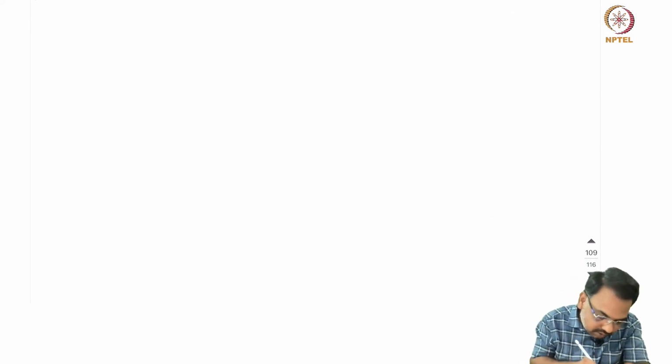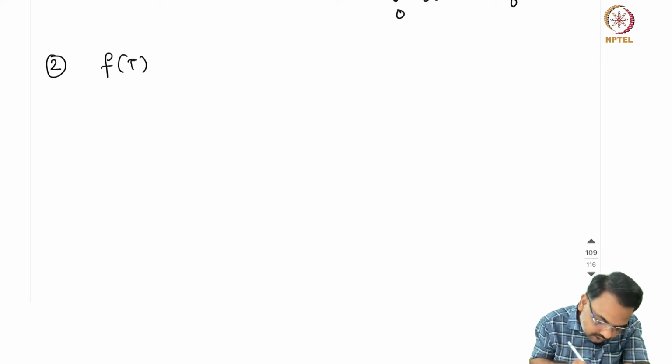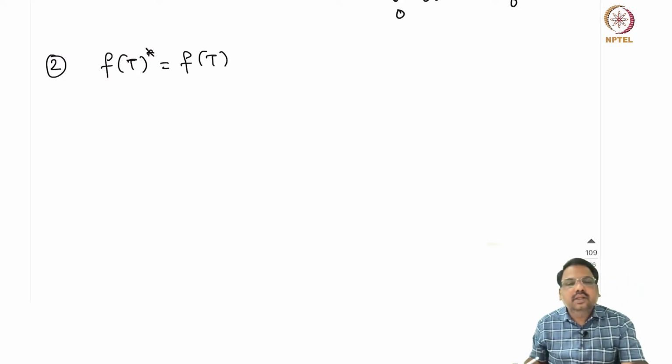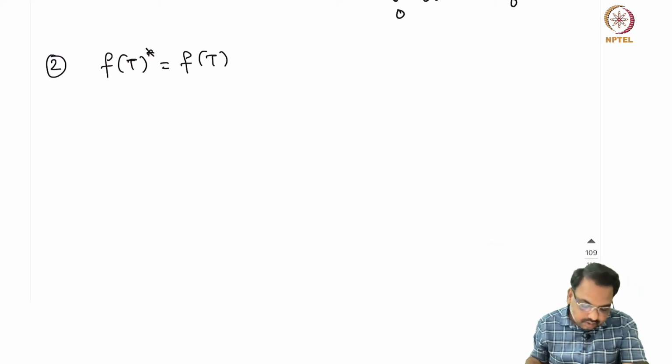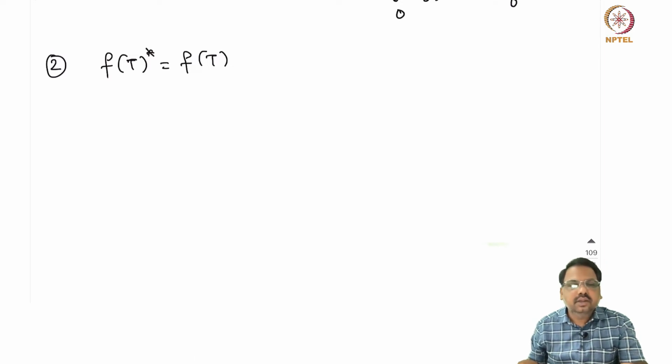We can say that f of t star equals f of t all the time, because t is self adjoint. Now f of t is the limit of Pnt, where Pn converges to f in the uniform norm.